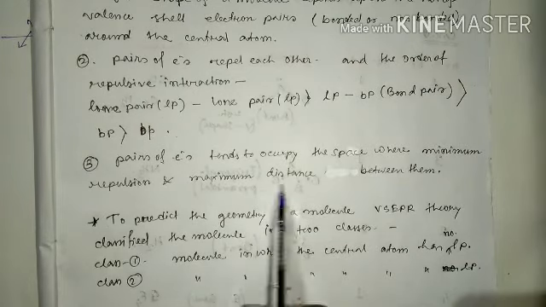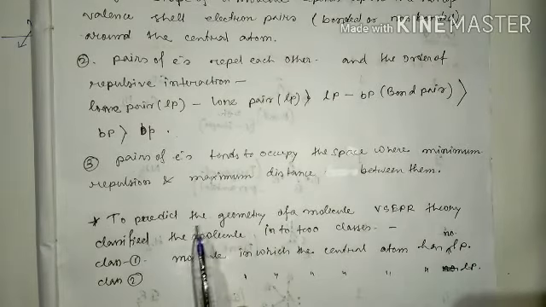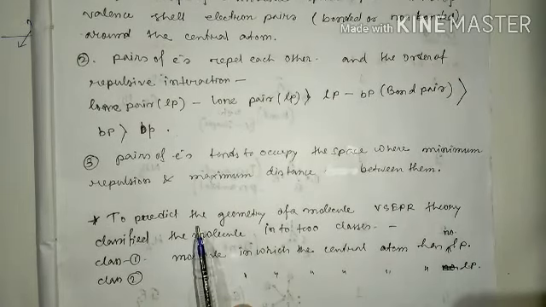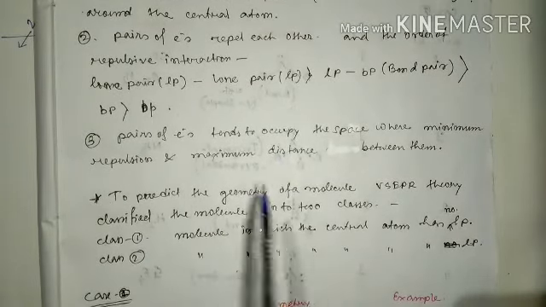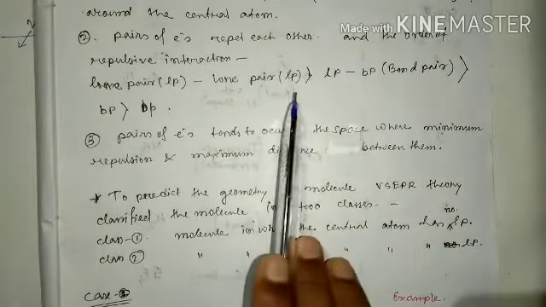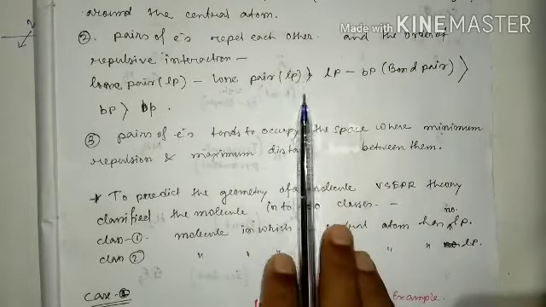So the VSEPR theory explains the structure and the repulsion between lone pair and bond pair, and it involves the valence shell electrons.